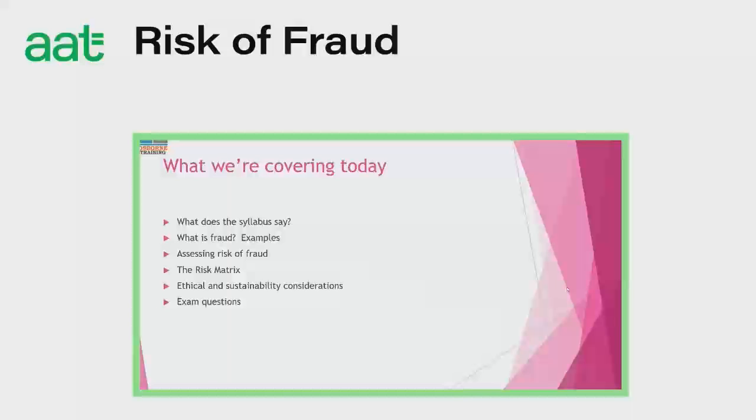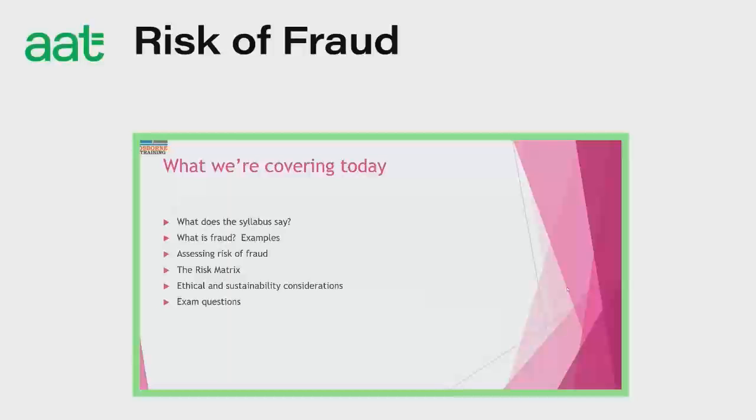As you can see, a quick run through there of what we are going to be looking at. We're going to remind ourselves what the syllabus says for this risk of fraud section, looking at what is fraud and a few examples of fraud. We'll then move on to how we go about assessing the risk of fraud. We'll look at the risk matrix and how everything comes together in our risk matrix once we've made those assessments.